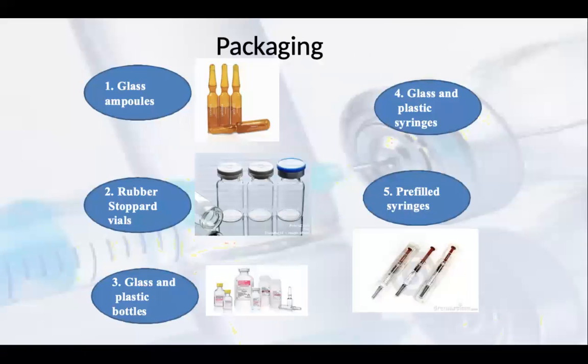Mostly these injectables are applied with the help of a device. That device is known as a disposable syringe. Earlier they were using glass syringes also, but it had to be sterilized before applying. Nowadays you may have seen disposable syringes. So you have to fill that drug from an ampoule or vial into a syringe, then apply it to the patient.